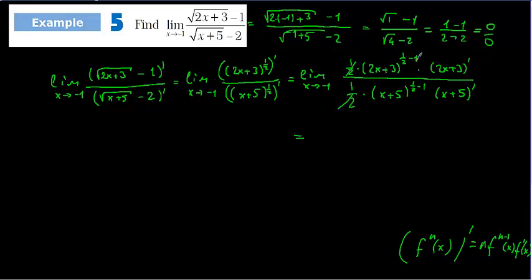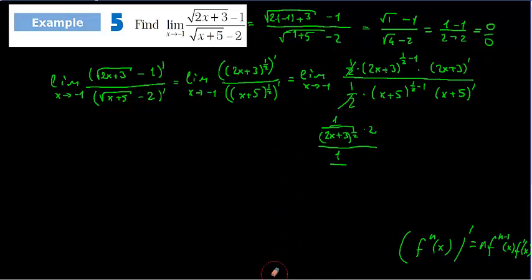If the power is negative, it should be written in the denominator, so 1 over 2x plus 3 to the power of 1 over 2 times derivative of 2x, which is equal to 2, derivative of 3 is equal to 0. It's not written.